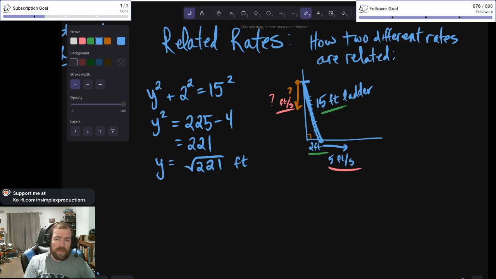Okay, now how do we deal with rates? Well, we had been learning in the calculus thus far that every time we start dealing with distances, we can then start dealing with velocities as the derivatives of distance functions.